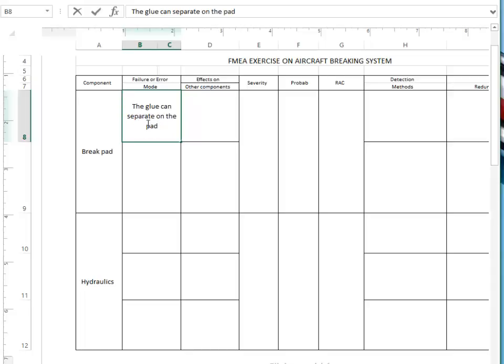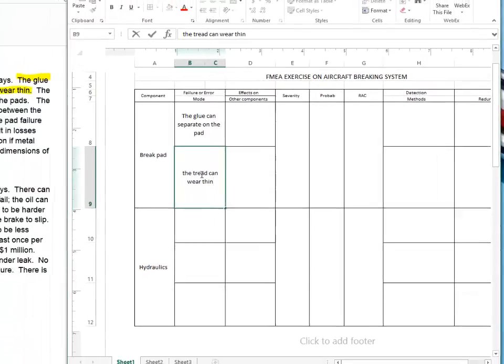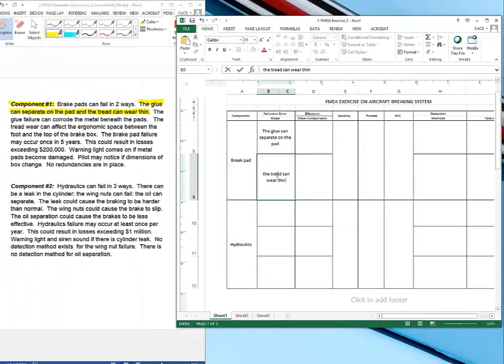All right, that's the first way that the brake pad could fail, is the glue could separate. And the second way is that the tread could wear thin. All right, so these are the 2 primary ways that the brake pad could fail.